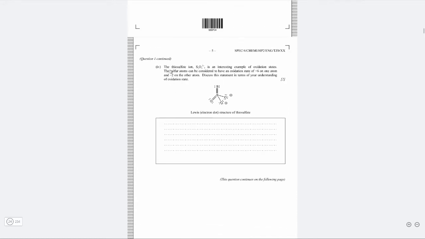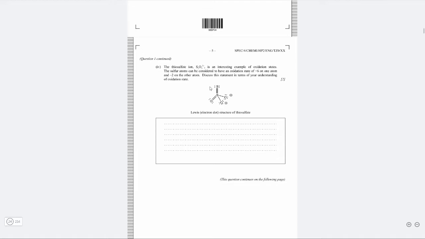The thiosulfate ion has an interesting example of oxidation states. The sulfur can be considered to have an oxidation state of +6 on one atom and -2 on the other atom. Discuss this statement in terms of your understanding. Well, I think the point of this question is just to explain how oxidation states are really just something we attribute to molecules, and that it's not intrinsic to the molecule.